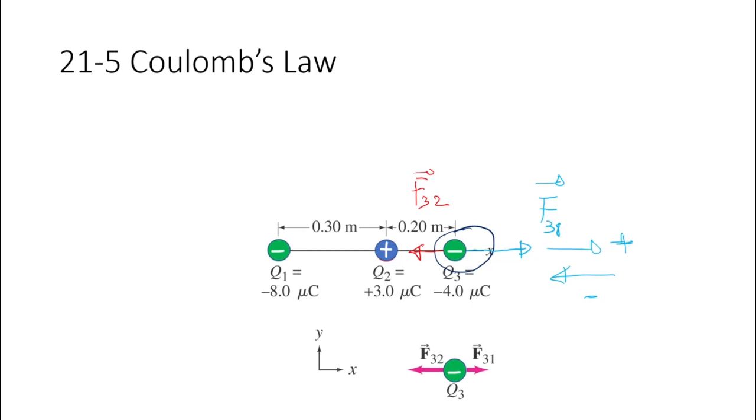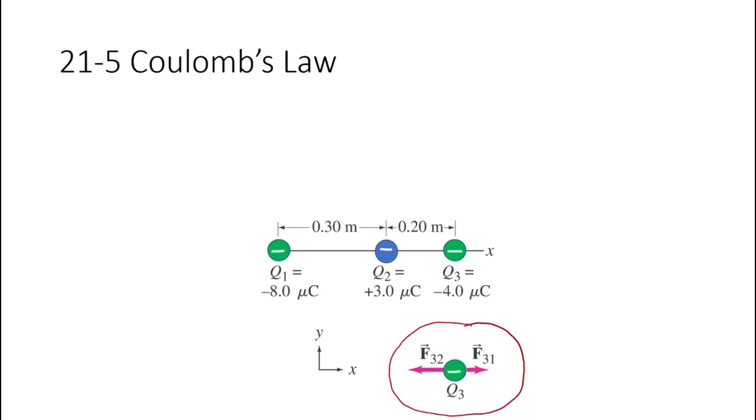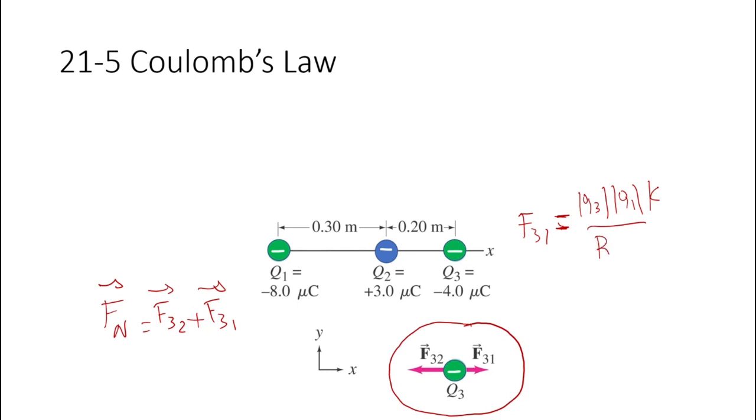We will show it on Q3. Now you calculate the net force using these two vectors. The net force is the sum of these two forces. I call it F net, which is F32 plus F31. You find the magnitude of F31. The magnitude has to be positive all the time. It will be the magnitude of Q3 times Q1 times the Coulomb constant divided by the square of the distance between 3 and 1.